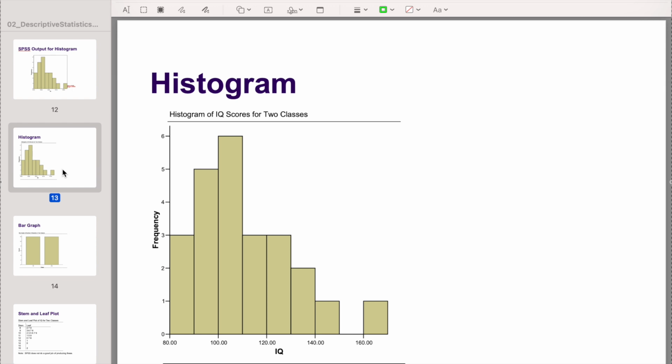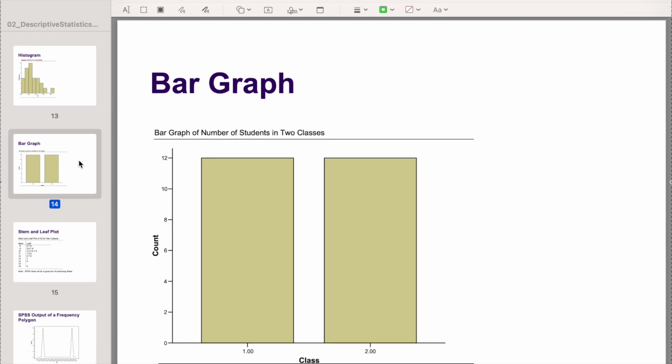So here's another histogram that shows the frequency for our IQ measures for the two classes that we have seen in the beginning. That's a different visualization called the bar graph.